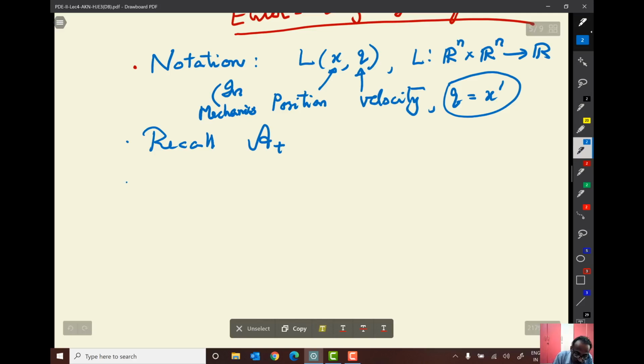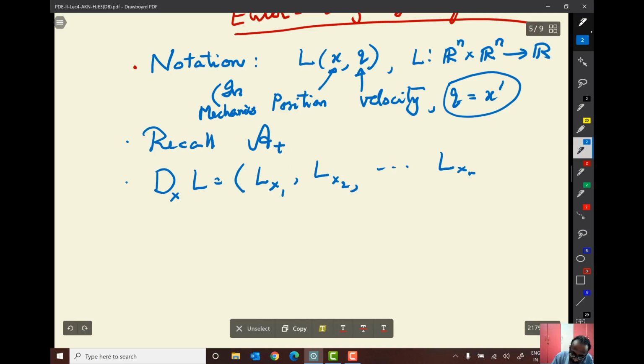I will also put down a notation. Since x is an n-vector, I will have D_x L, which is the vector of all derivatives of L with respect to x: L_x1, L_x2, and so on. This is a vector.